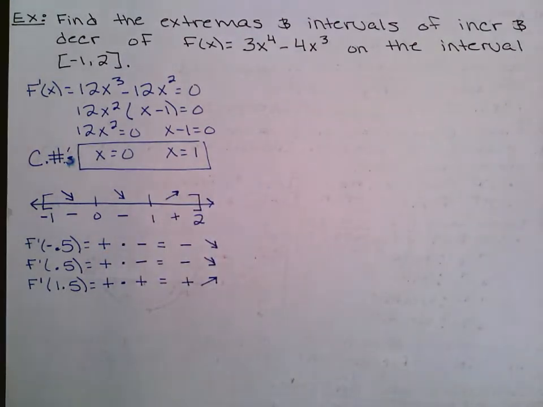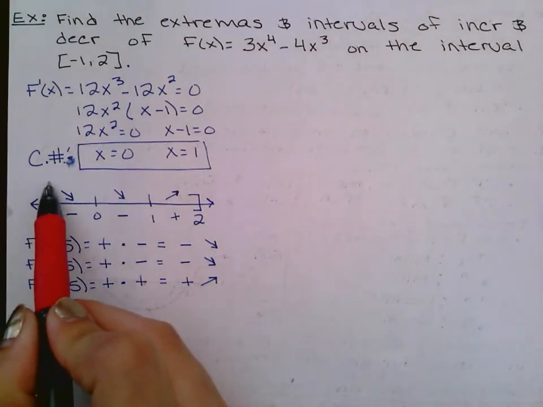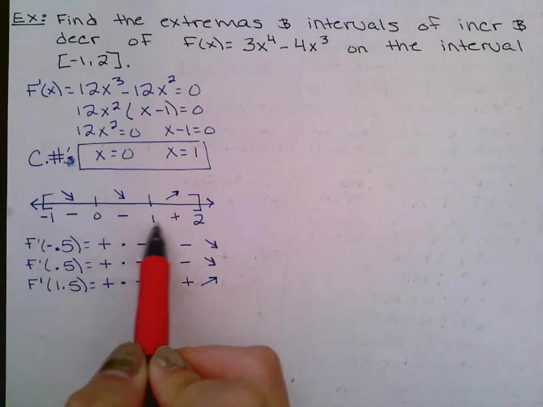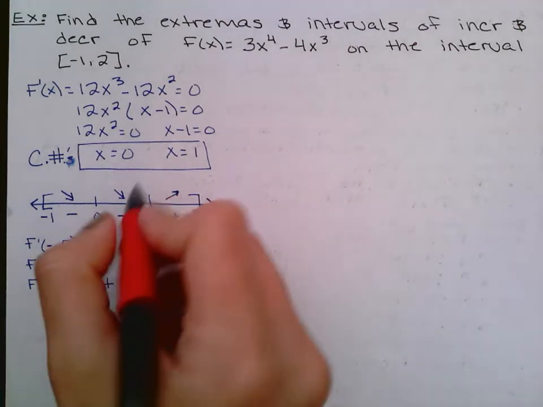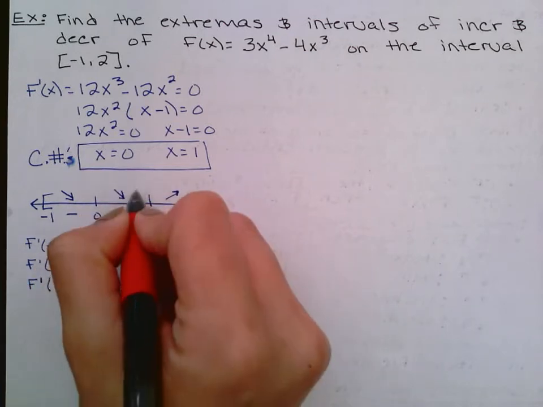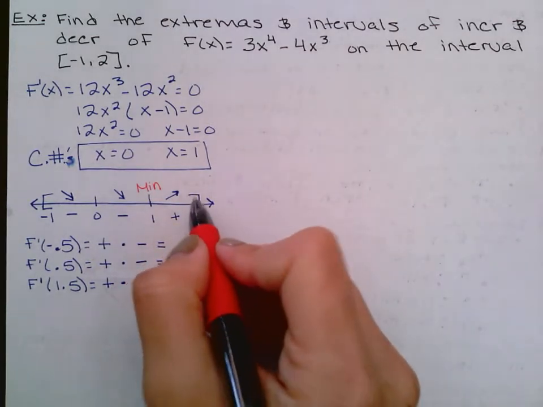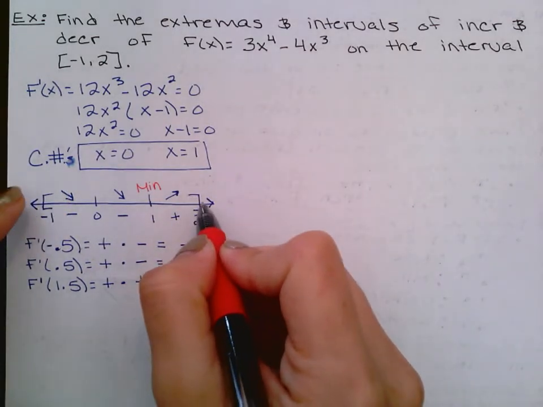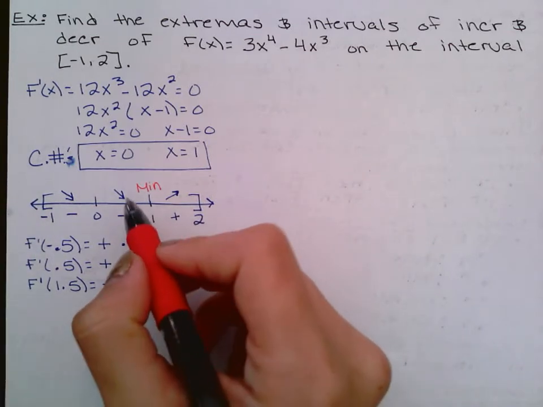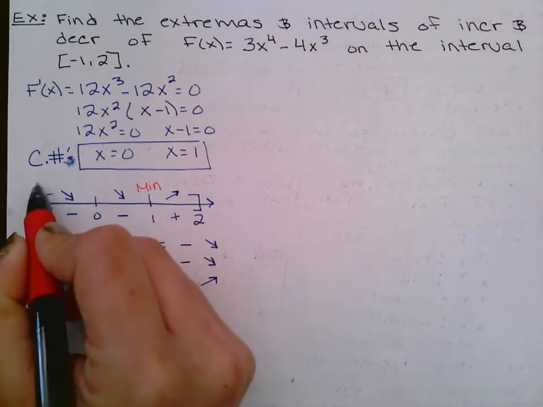So now, what that tells me is I started at negative 1, I'm going down, I continue going down, and then I turn back up around. So anytime we said we have a switch from down to up, that means this here is a min. If my endpoints are included, then these are also going to be extremas, either a max or a min. So if I start somewhere and then I shoot downward, you need to ask yourself, was this a max or min?